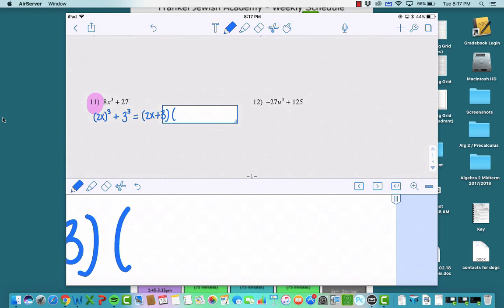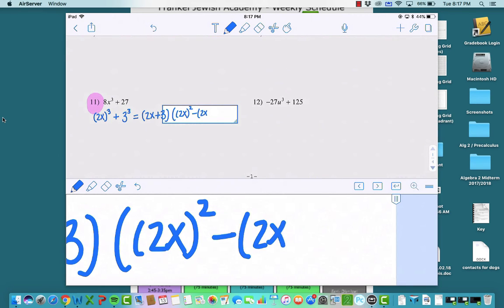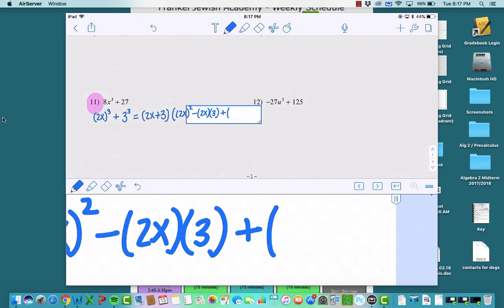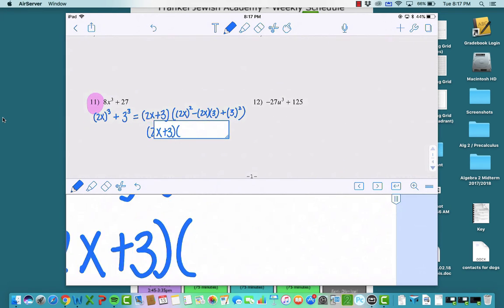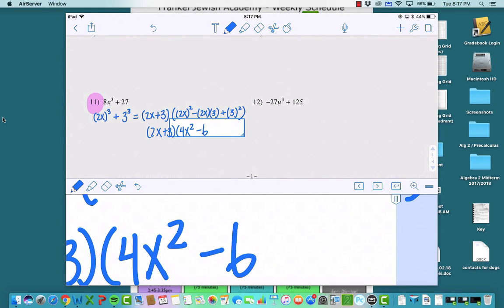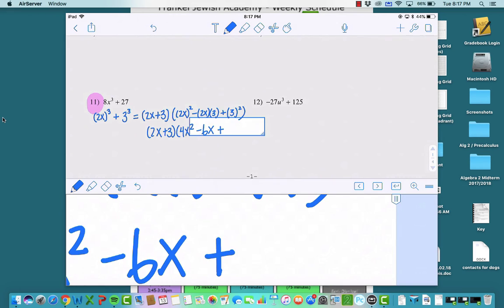And now I'm going to write out my actual work. So you do 2x squared, different sign, 2x times 3, and then plus 3 squared. Then you simplify: 2x plus 3 times 4x squared minus 6x plus 9.